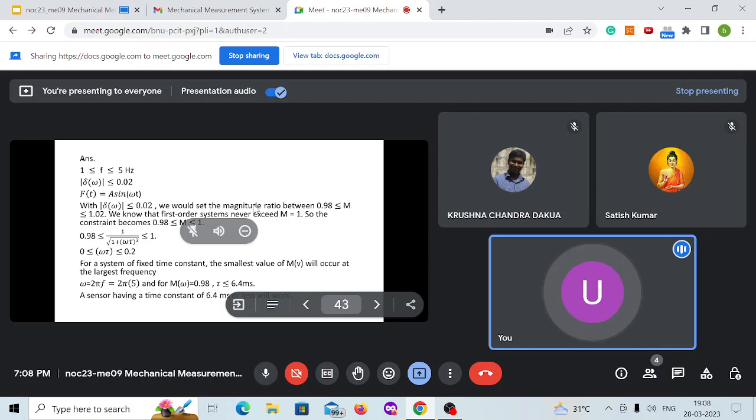We also know that it behaves periodically, so we are assuming that f of t is a sin omega t, and since the error should be less than or equal to 0.02, we set the magnitude ratio, or the amplitude ratio, to lie between 0.98 and 1.02. So that's where it should lie.